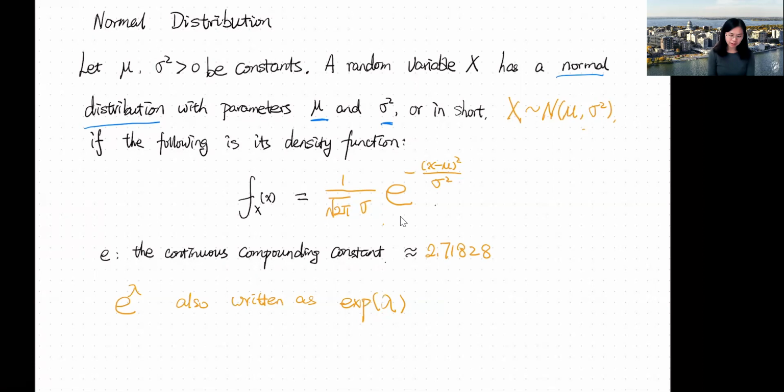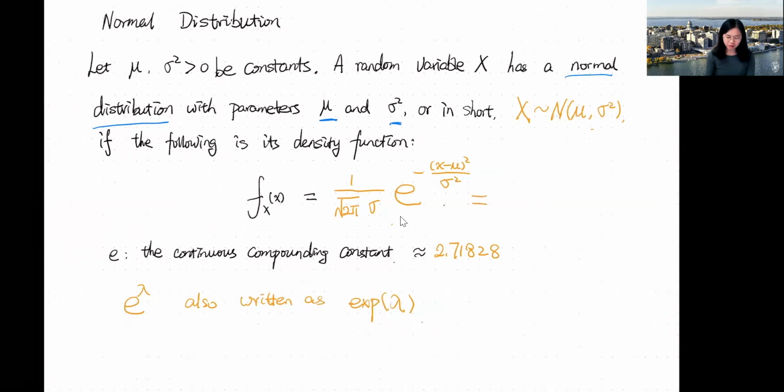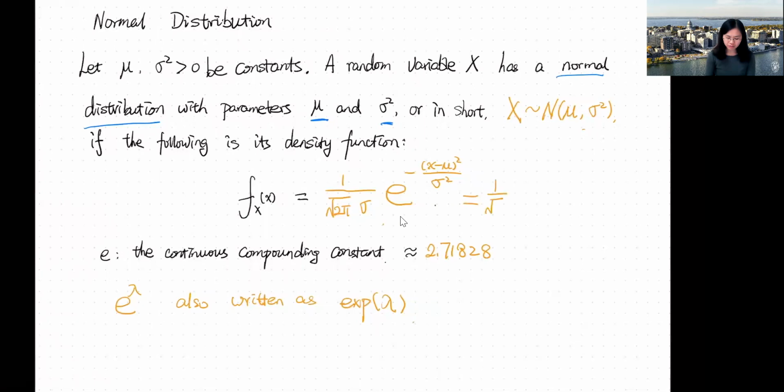Exponential lambda is e to the power lambda. So in this notation, the density of the normal distribution may also be written as 1 over square root 2 pi times sigma times exponential minus (x minus mu) squared divided by sigma squared. So these are just two ways of writing the same thing. So that's the normal distribution.